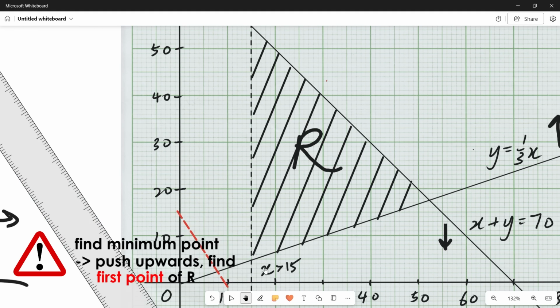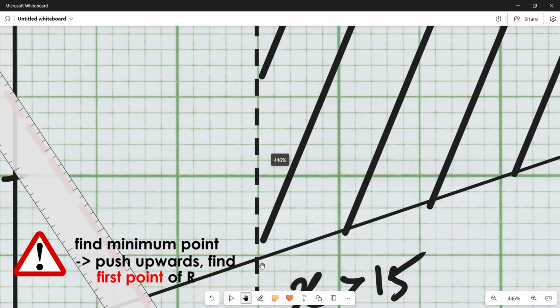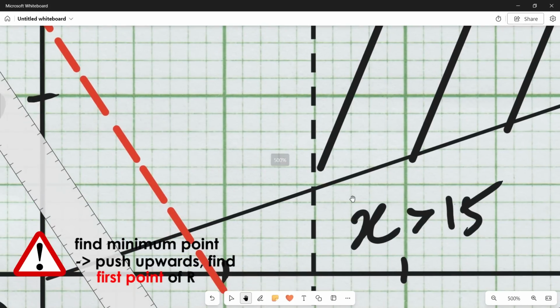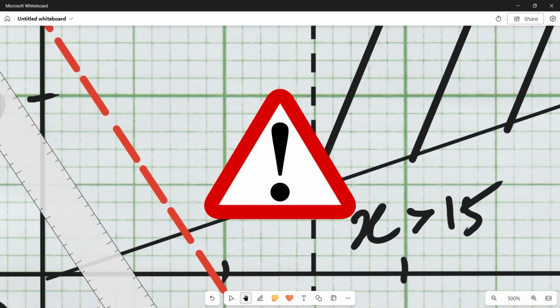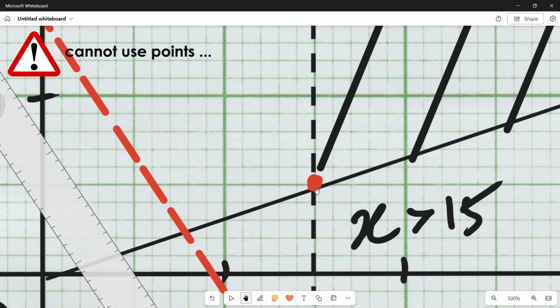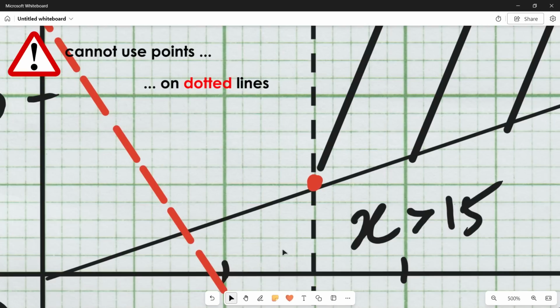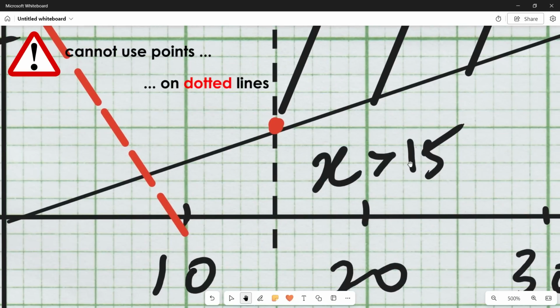Okay, so let me zoom in. The point is here. But we cannot use this as our minimum point because it is on the dotted line. Points which are on the dotted lines cannot be used because remember, the condition is x greater than 15 and this line is actually 15.